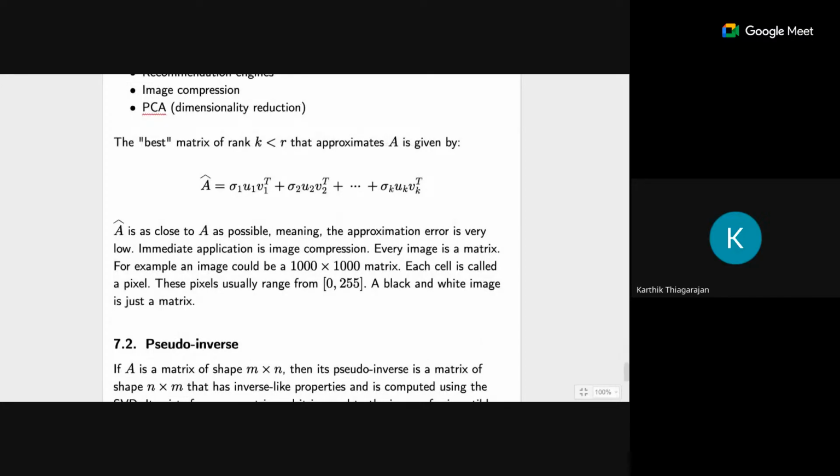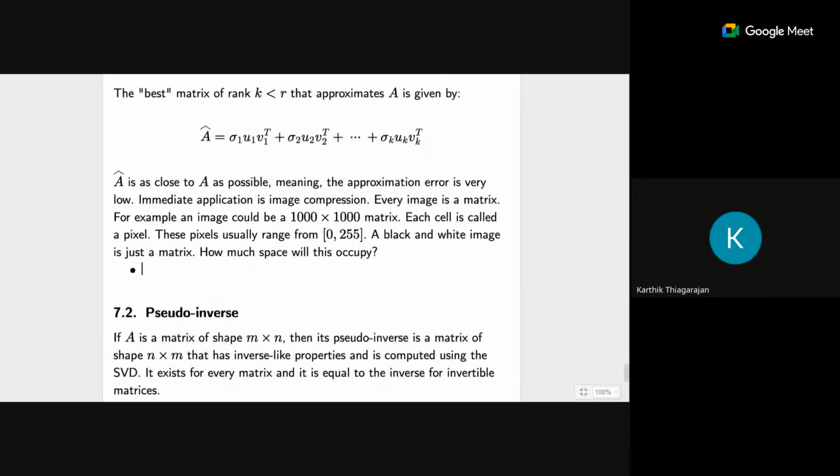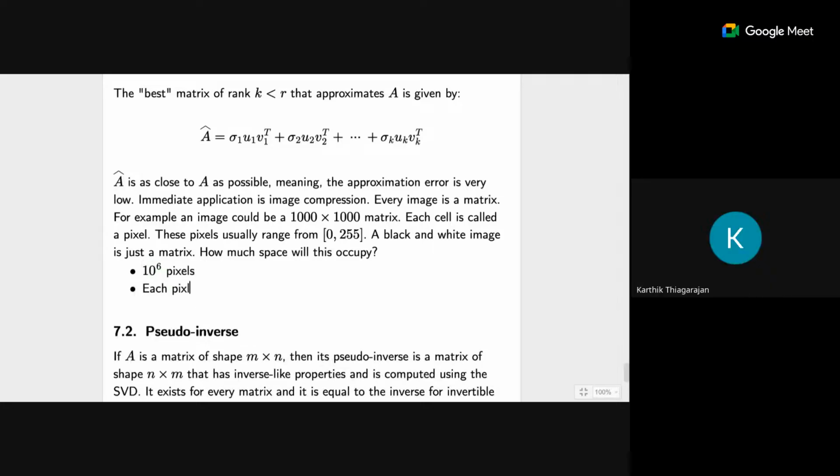One problem is how much space will this occupy? If you have 1000 cross 1000, you have 10 power how many pixels? 6. 10 power 6 pixels. Each pixel is going to occupy a certain number of bytes.